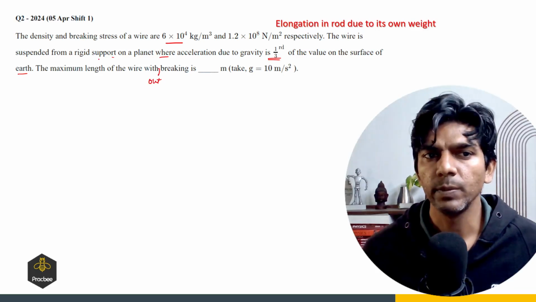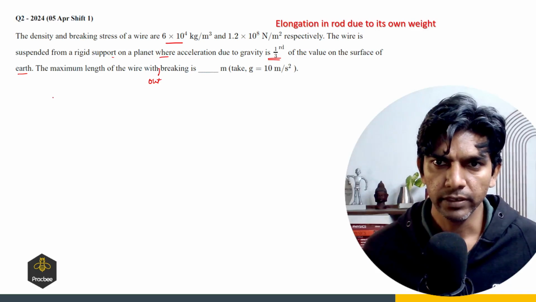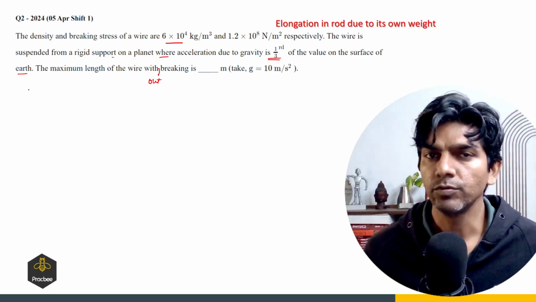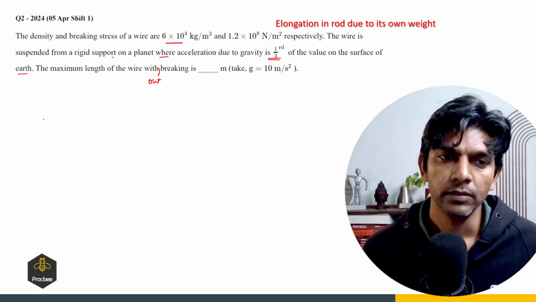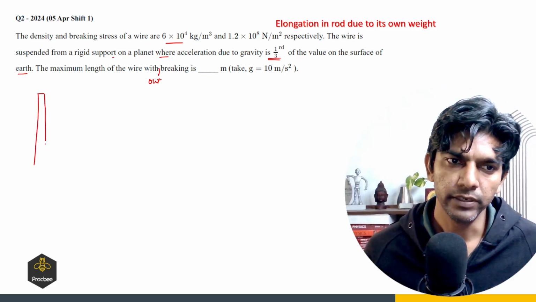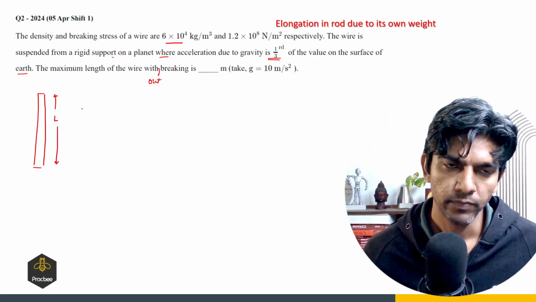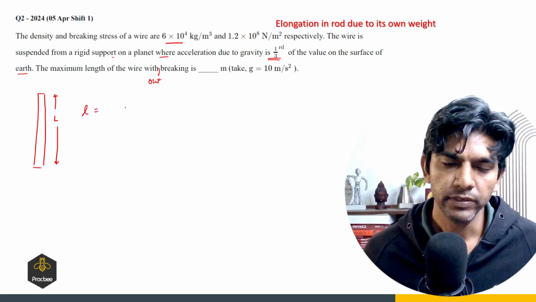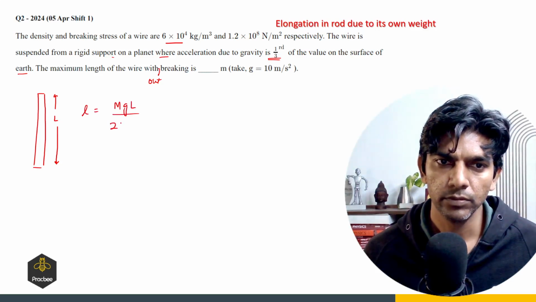Since we have suspended the wire on the planet, we have to consider that it is getting elongated under its own weight. And we know that for a wire of length L, the elongation is given as mgl upon 2AY.